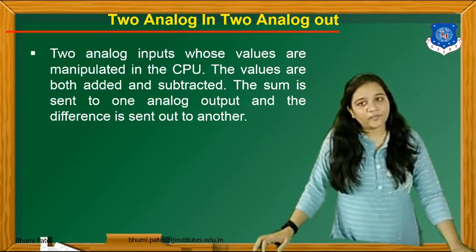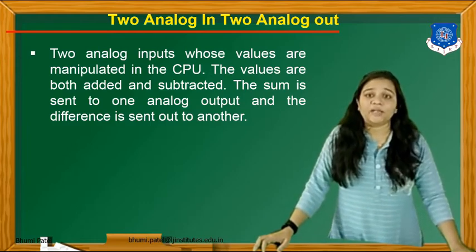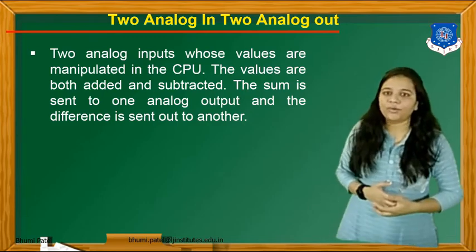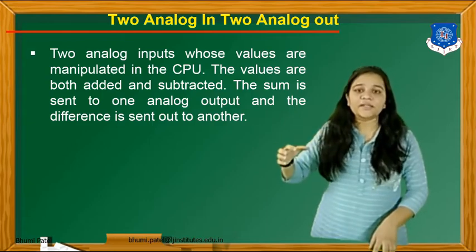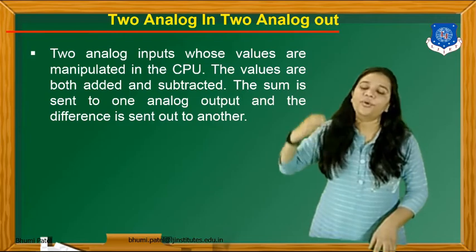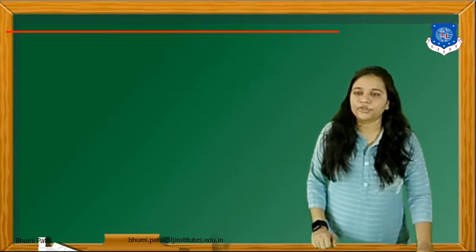Then we have to convert these analog inputs into binary numbers. Then we have to add these 2 numbers and subtract these 2 numbers, and then send the addition answer, that means the sum, to one analog output and the difference to the other analog output.